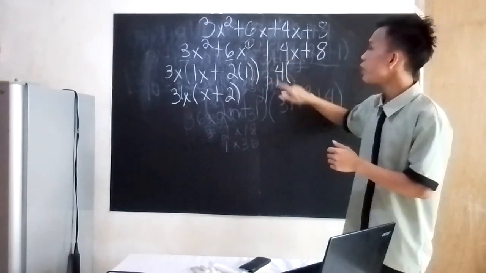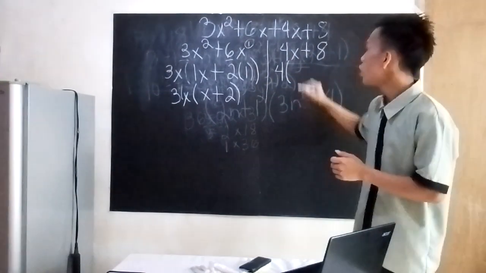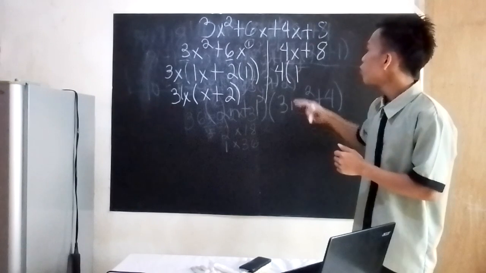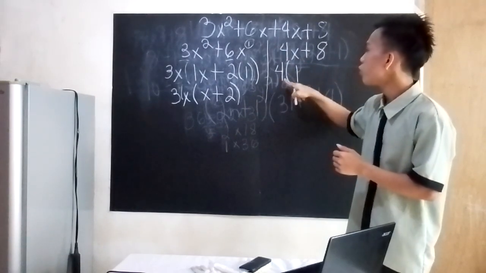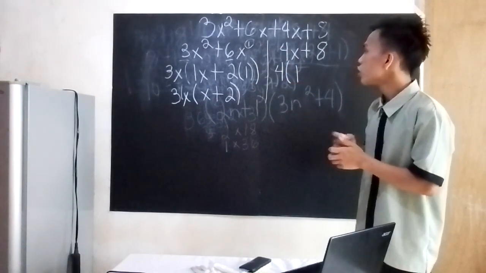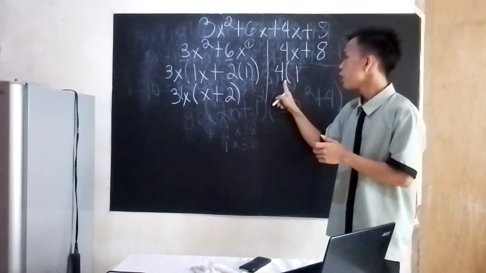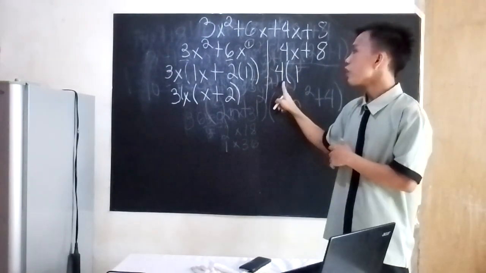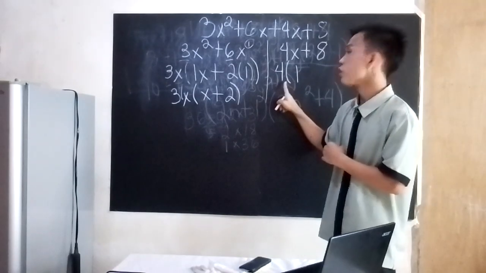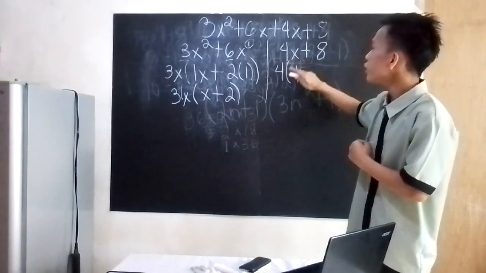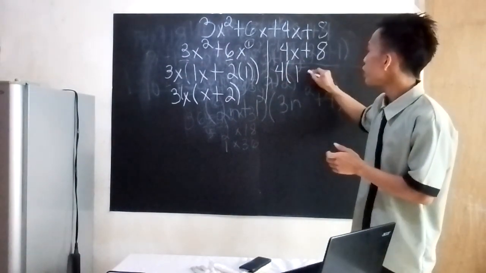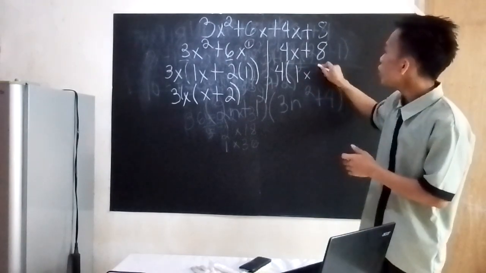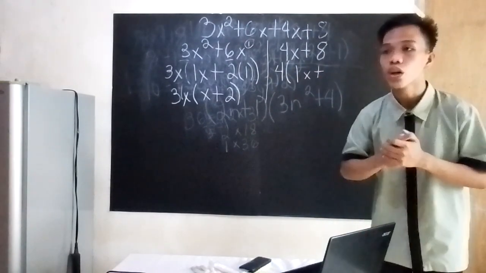What is 4 divided by 4? 1. Then what is x over 1? It is understandable that the divisor in here is 1, okay? So x over 1 will be x, that's right. Plus, what is 8 divided by 4?